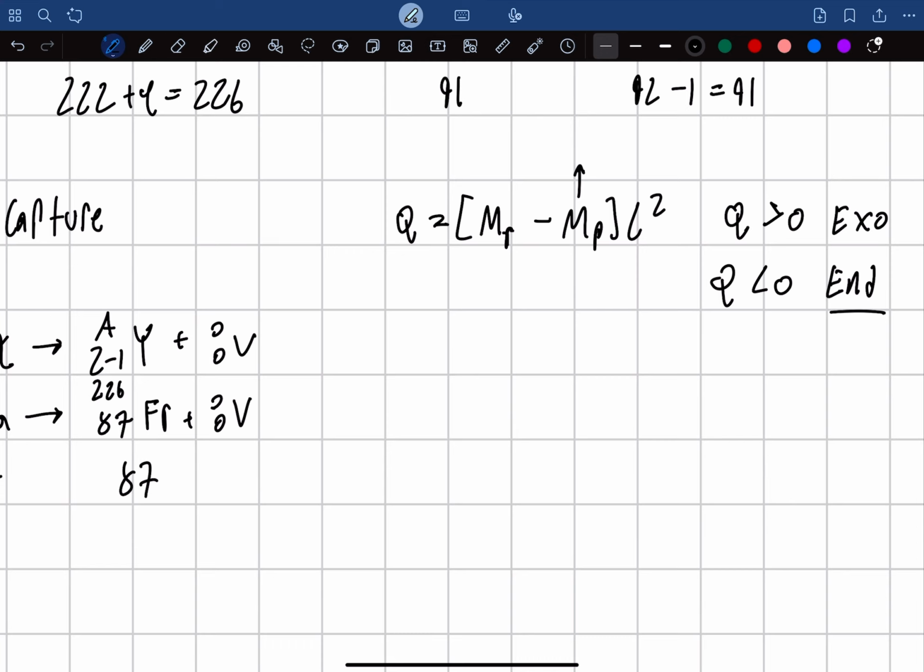But if your reactants have more energy, or more mass, I should have said that previously too, that means your reactants have more than your products, so it'll be able to release energy because it went from a higher energy to a lower energy.